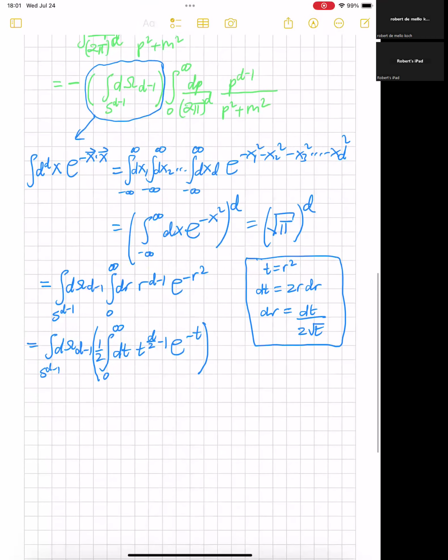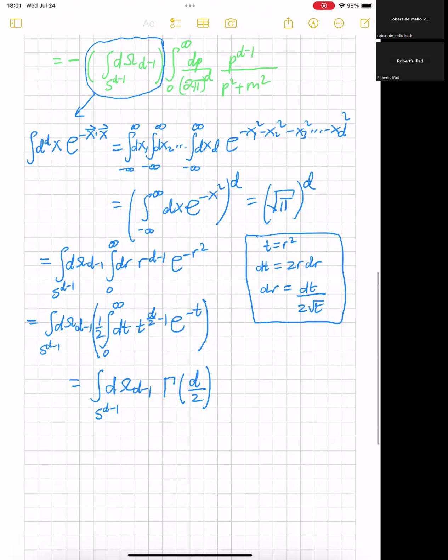But now this is very interesting, you see, because this integral over t is something that we recognize. This integral over t is nothing but the gamma function of d over 2. And the gamma function is a very well-known function.